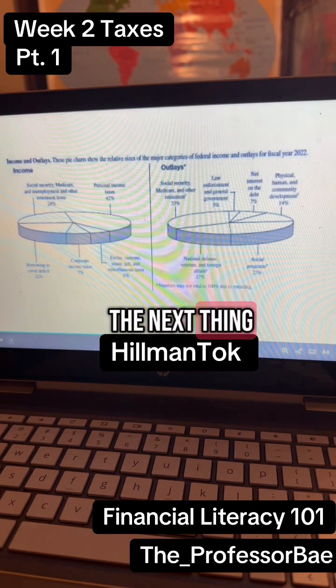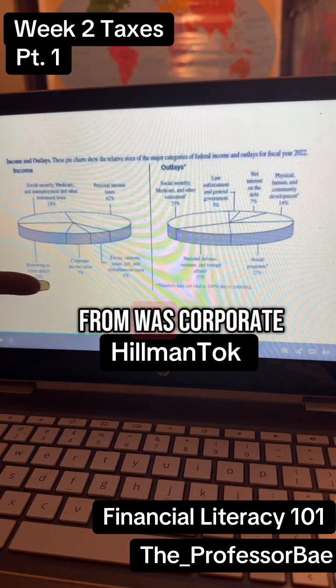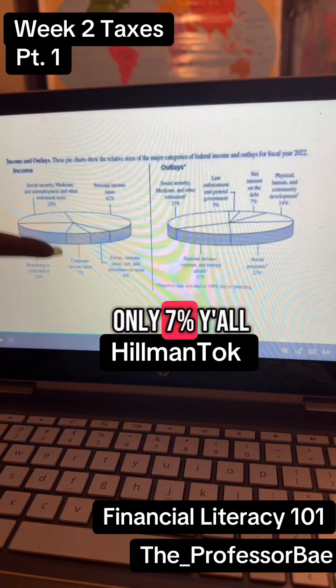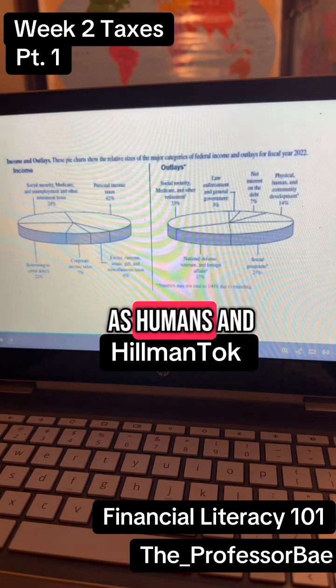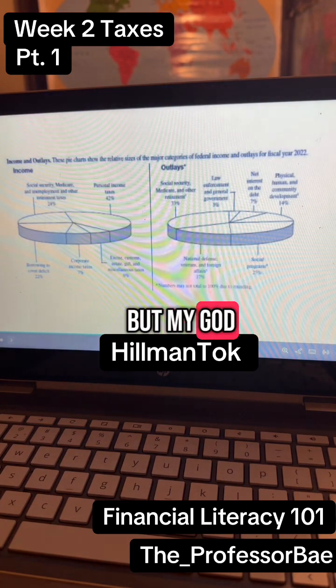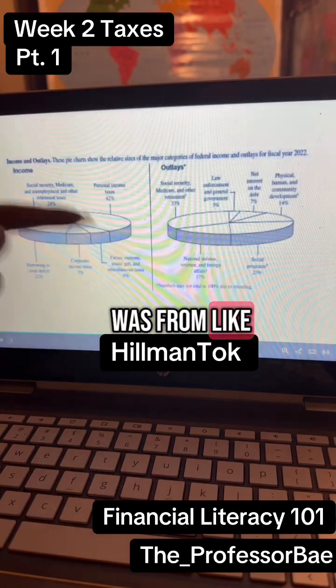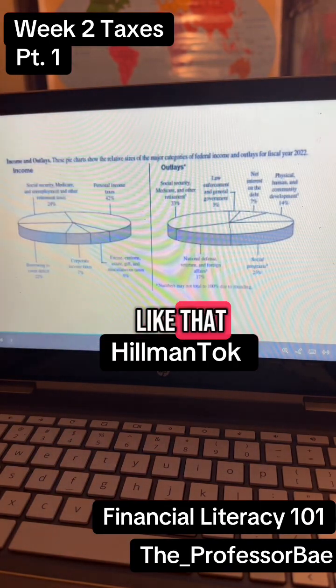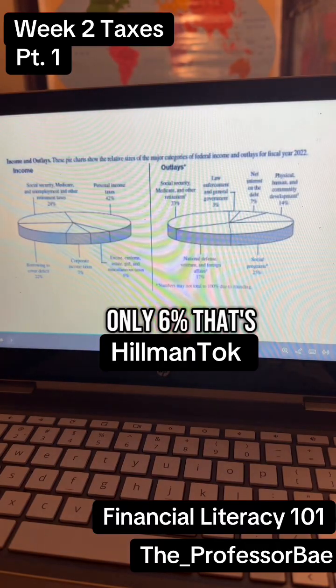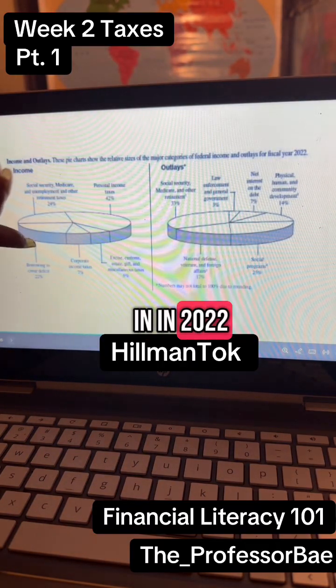The next thing that they brought in some money from was corporate income taxes, but it was only 7%, y'all. I mean, they want to be qualified as humans and all that good stuff, but my God. And the other was from customs, estate, gifts, and taxes and stuff like that. Only 6%. Now, that was the money they brought in 2022.